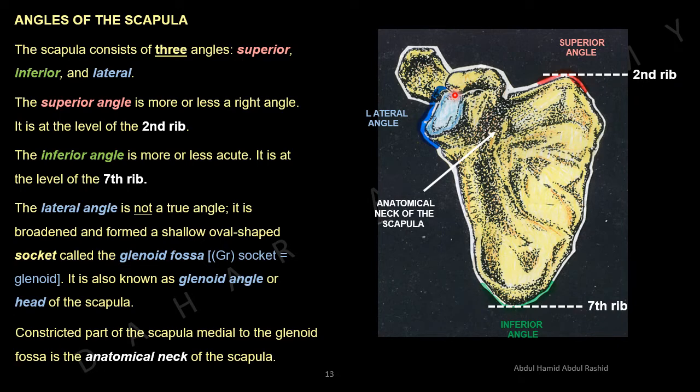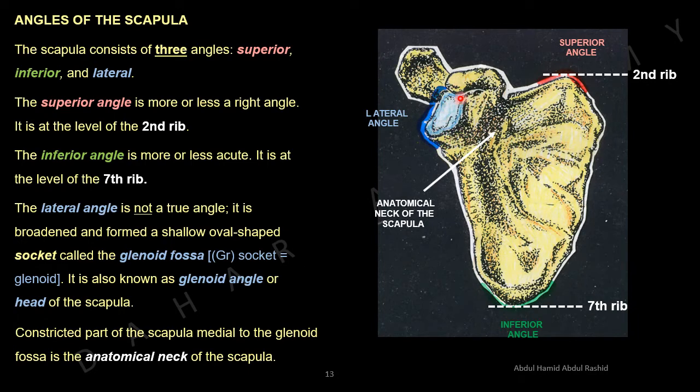It is broadened and forms a shallow oval-shaped socket called the glenoid fossa. In Greek, socket is known as glenoid. So the lateral angle, where we have the glenoid fossa, is also known as the glenoid angle or head of the scapula.